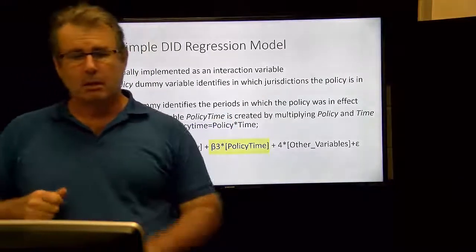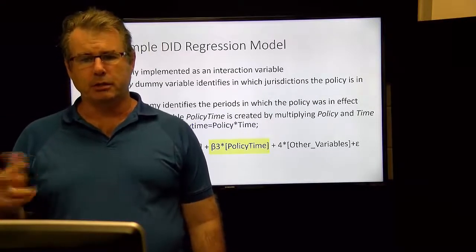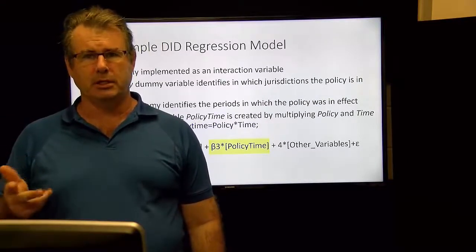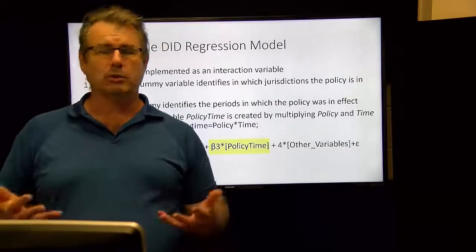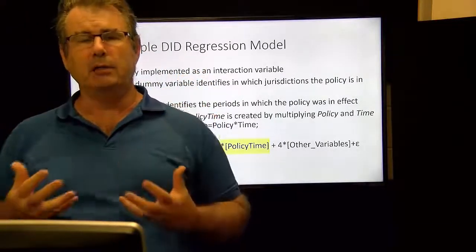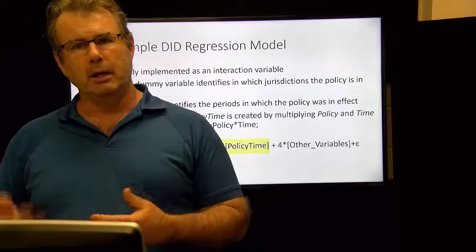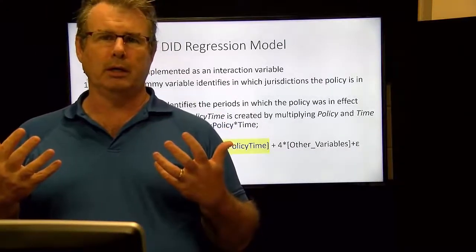Okay? The third term that you would include in the regression is the interaction of the time and the policy dummy. The way you get that interaction term is by multiplying the policy dummy with the time dummy, and the only time it will be 1 is when the policy dummy equals 1 and the time dummy equals 1.